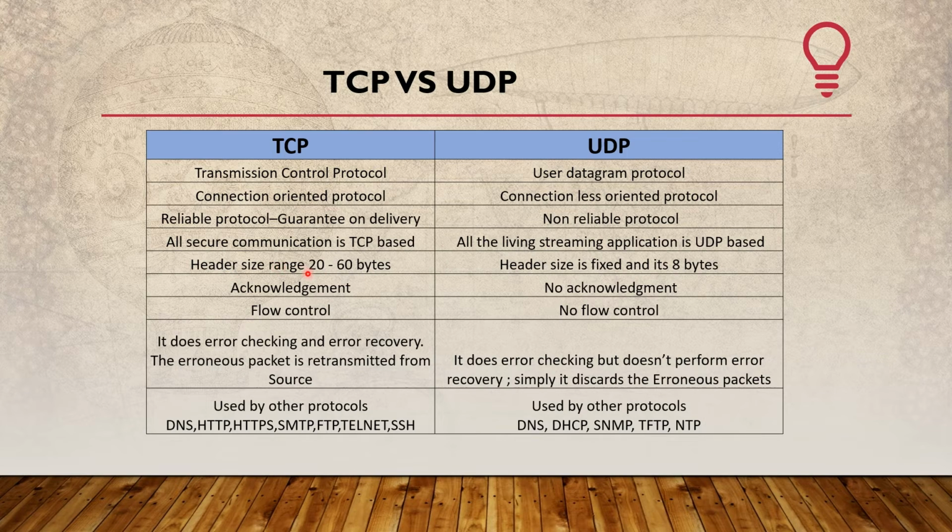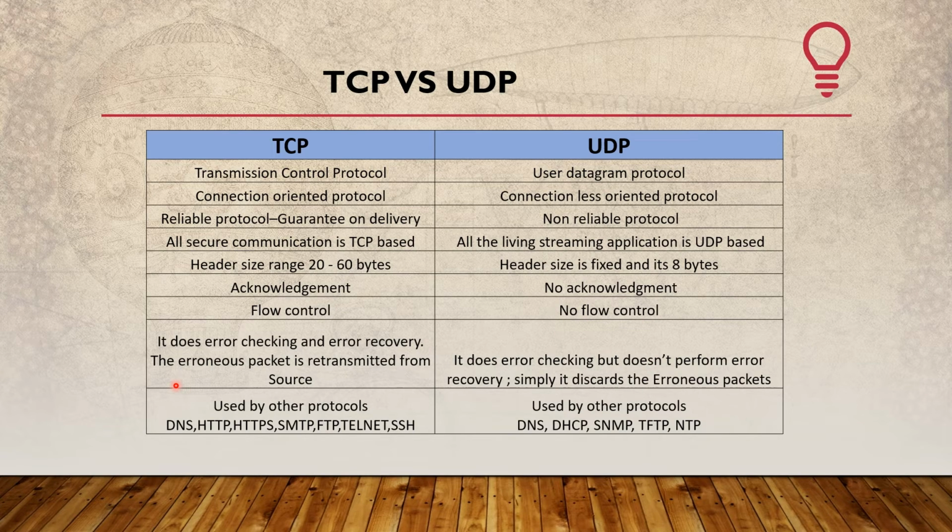The header size of TCP is a minimum of 20 bytes, maximum up to 60 bytes. In UDP it is a fixed size of 8 bytes. For TCP based communication you will get acknowledgement, but in UDP based communication there is no acknowledgement. In TCP based communication there will be flow control, but in UDP there will not be any flow control.